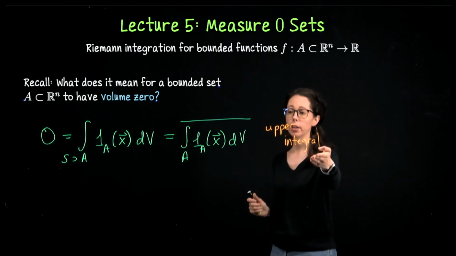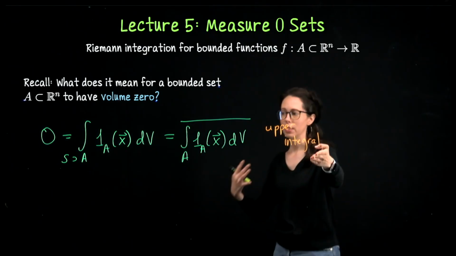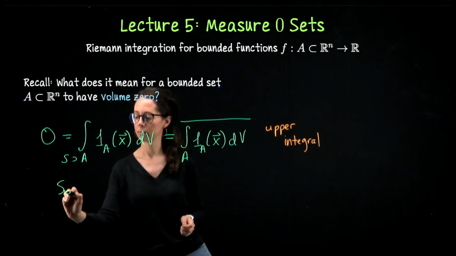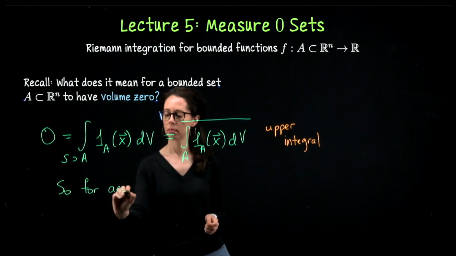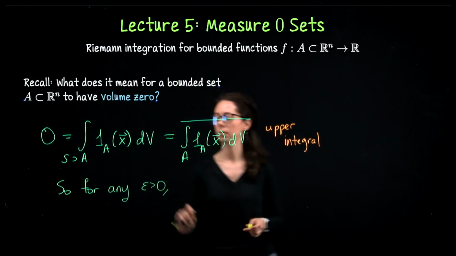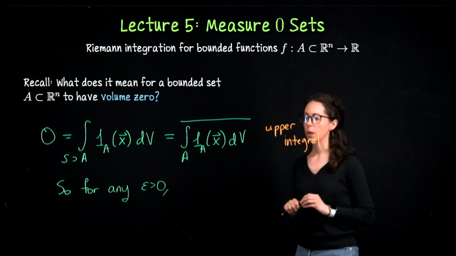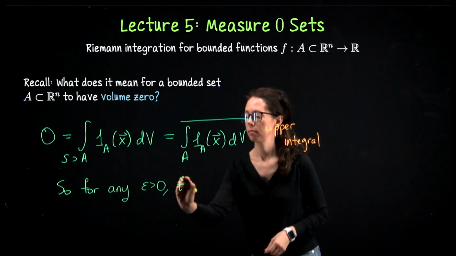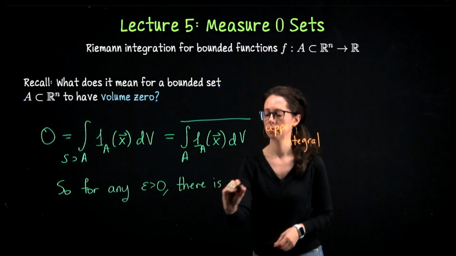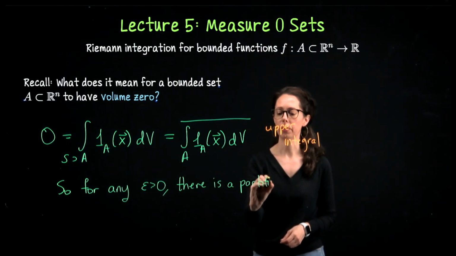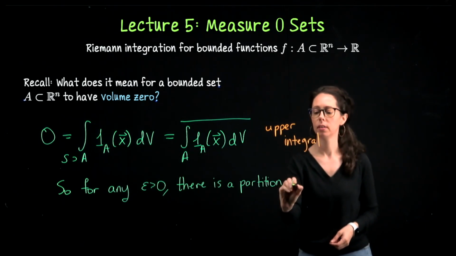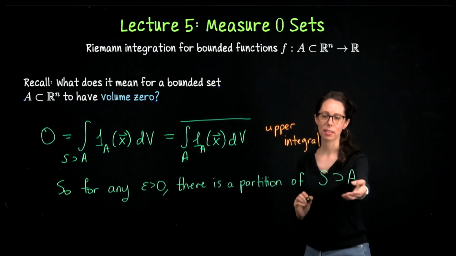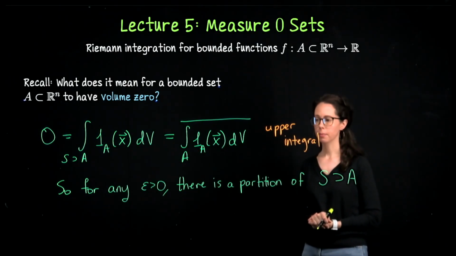So the fact that this upper integral is zero, the infimum of the set of upper sums is zero, means that for any epsilon, given a positive number epsilon, there is a partition of the nice rectangle S, which is enclosing our domain A. This is the notation that we've used for this concept.